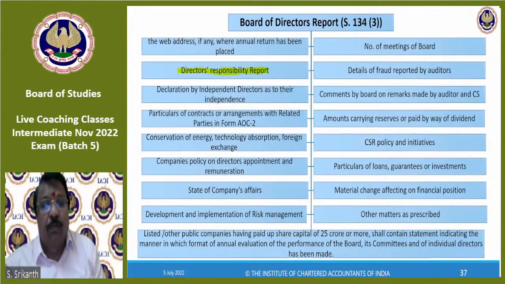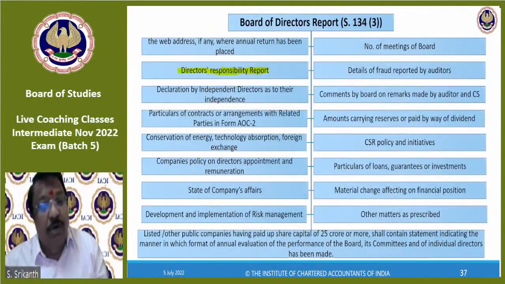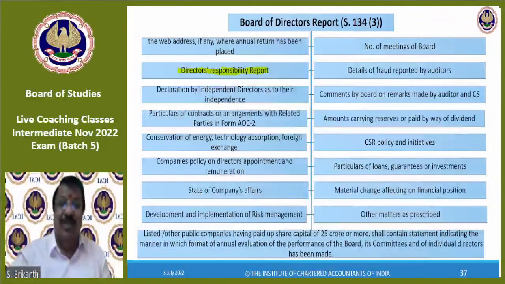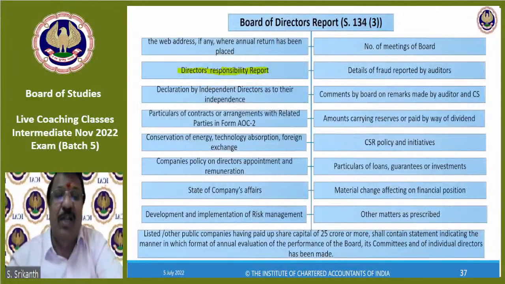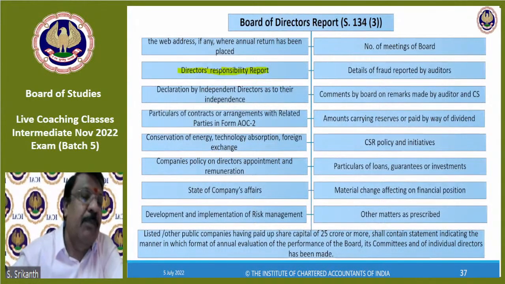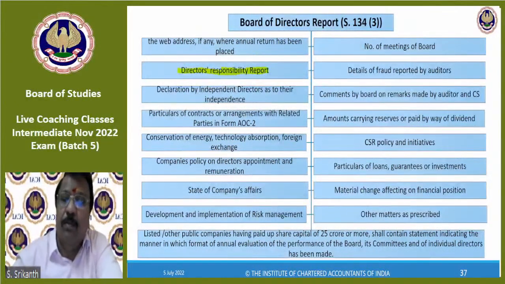Did you go on time? No. We are more interested in asking, what was the strategy? How did you understand the environment? How did you design a strategy? How did that strategy work? Why did it not work? What are you doing to correct it? And so on and so forth. This is how we have to evaluate the performance of the board. That is compulsory for listed companies and public companies having paid up share capital of 25 crore or more.